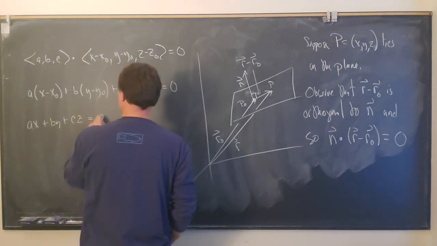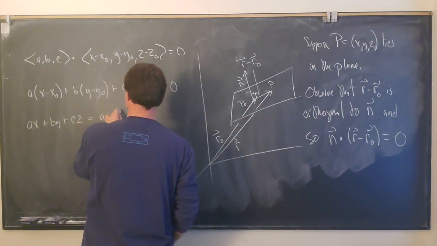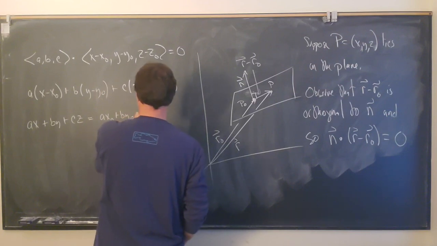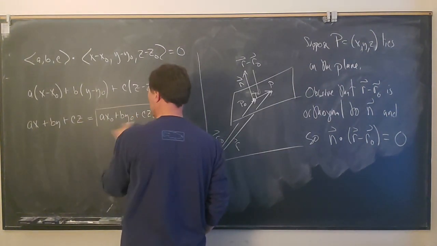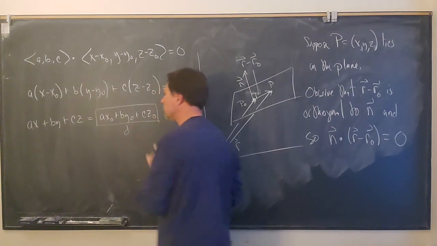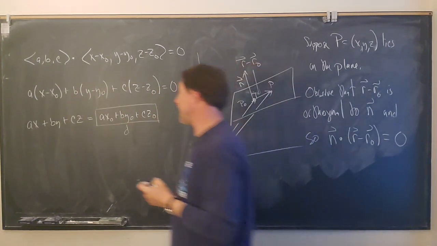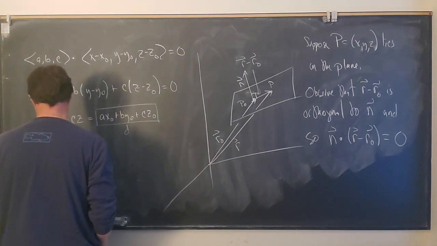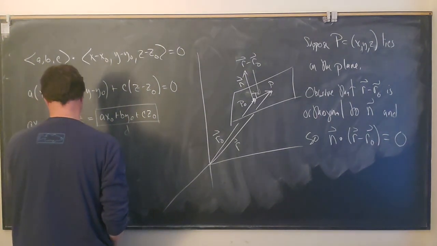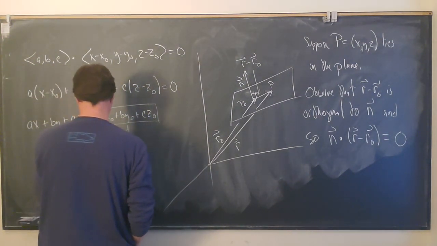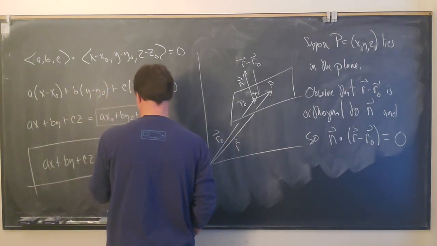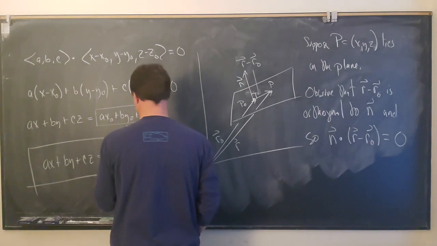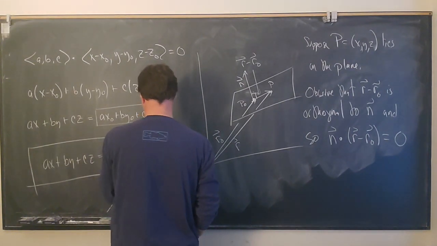So this is going to be A X0 plus B Y0 plus C Z0, and I want to call this little d. So the standard equation for a plane is right there. Equation of a plane.